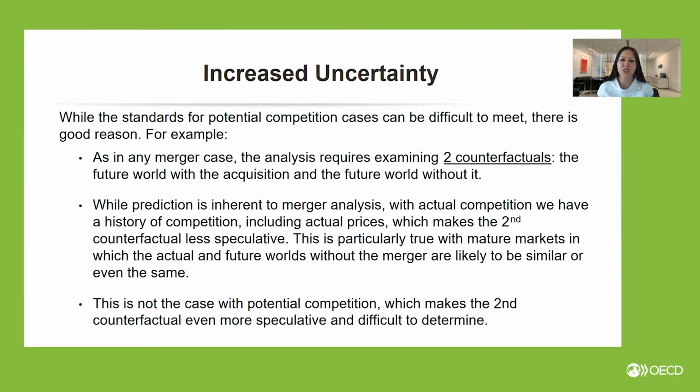Of course, prediction is inherent to all merger analysis, but when you have actual competition, we have a history of competition, including actual prices, which makes the second counterfactual less speculative. This is particularly true with mature markets in which the actual and future worlds without the merger are likely to be similar or the same. But this is not the case with potential competition, which makes the second counterfactual even more speculative and difficult to determine.